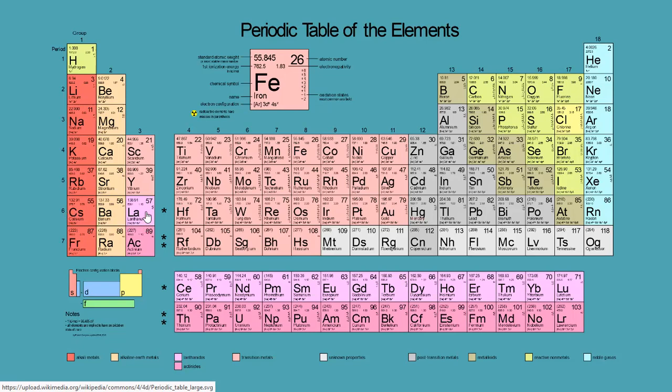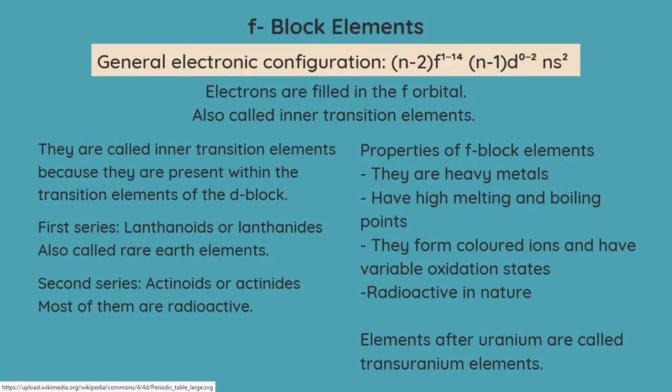So you have 4f and 5d shells getting filled up over here. They are also called inner transition elements. The reason they're called this is because they are present in between the transition elements.